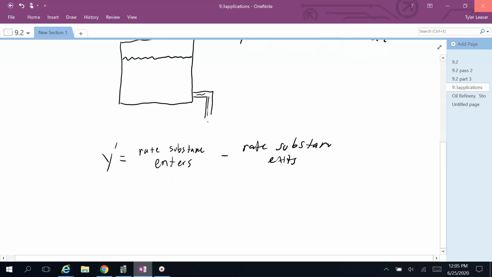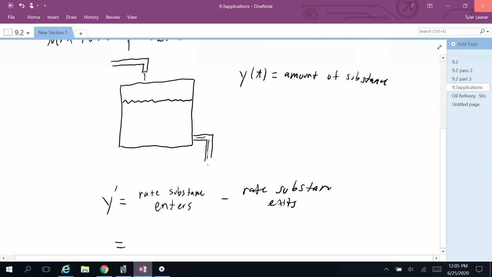Okay, let's take this a little bit further. The rate at which the substance enters is always going to be fixed because we're always pumping in the same amount.